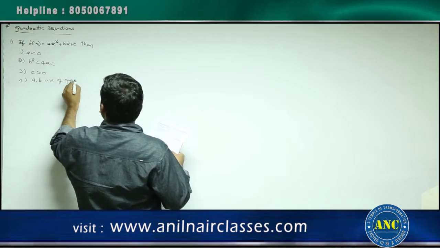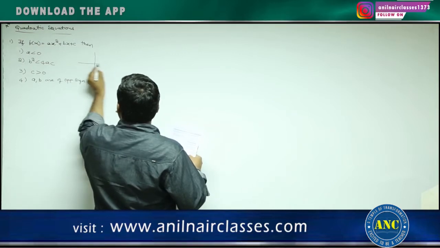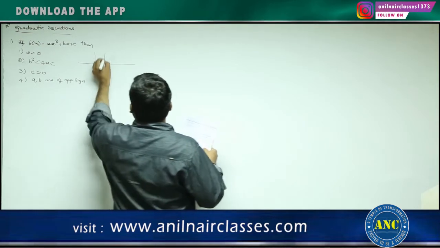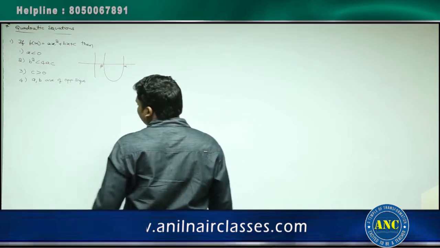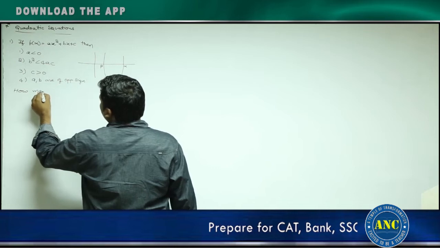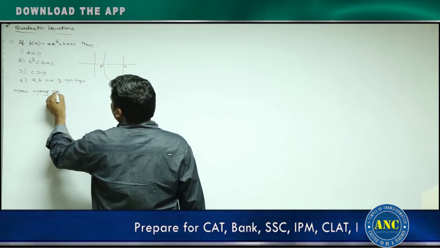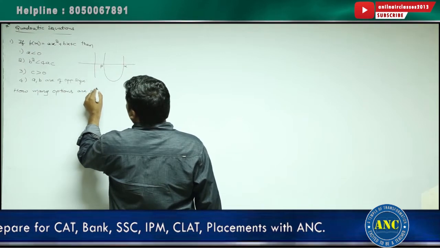These 4 options are given and the graph is also given like this, with alpha and beta. How many options are always true?